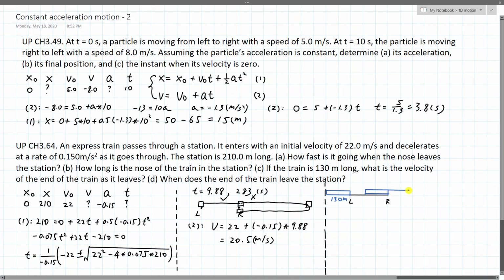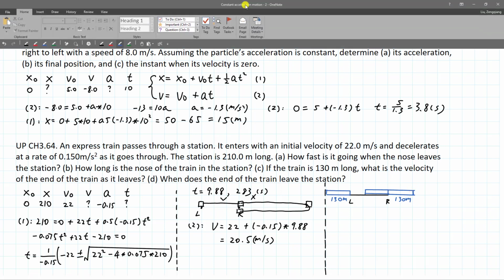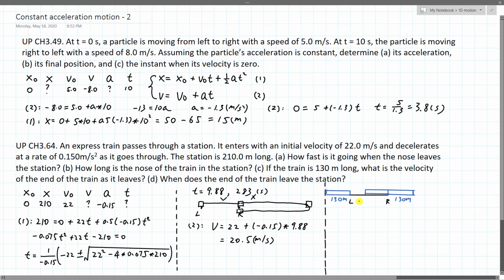It has to drive out of the station until the end of the train is at the station. So over here is 130 meters from where the nose of the train is. So this whole thing being 210 meters, the nose right here travels from 0 to 210 and further to 340, right? So that's the final position.